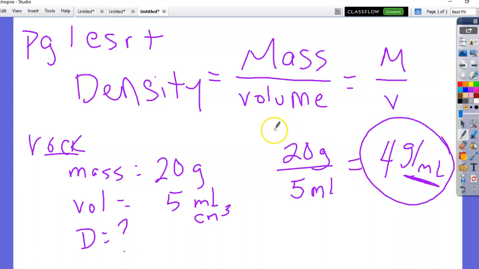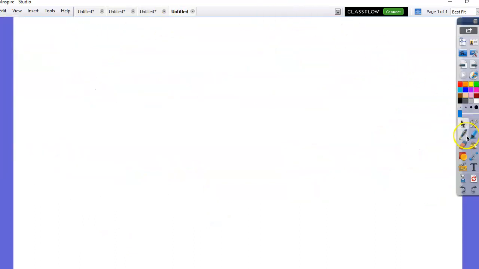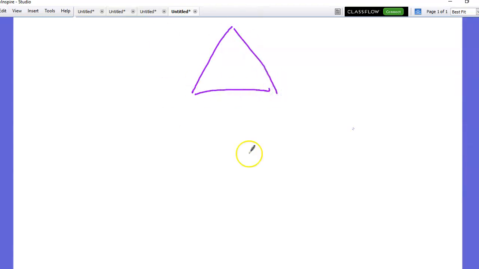Now there are other times in which you're going to have to answer other questions as well. What if I ask you a question in which you have to figure out mass or volume, and they give you the density? That's what the density triangle was yesterday. So here is our density triangle.